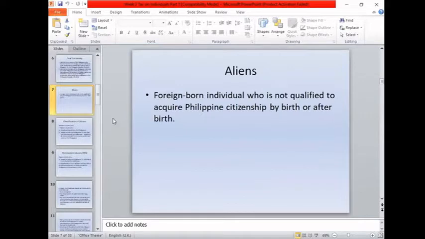Because not all foreigners can acquire Philippine citizenship based on the standards of the Philippine government. So if there are foreigners who are staying here in the Philippines, but they are not qualified or not entitled to acquire a naturalized Filipino citizenship, then they are to be called aliens. Okay?